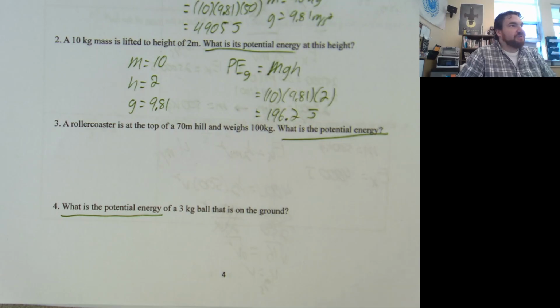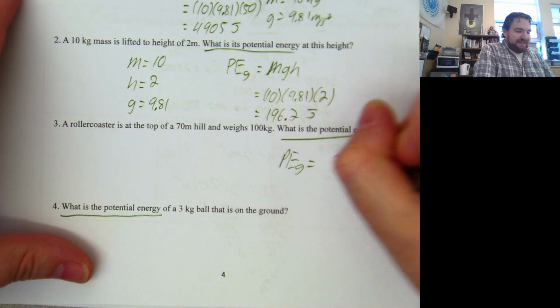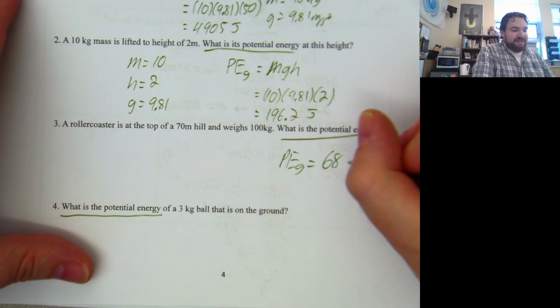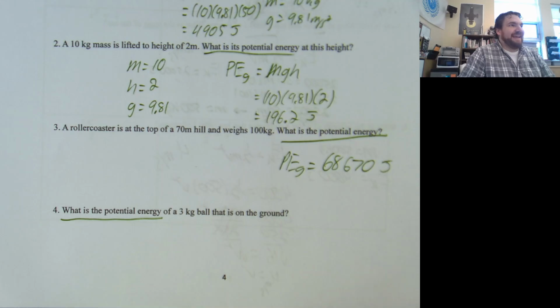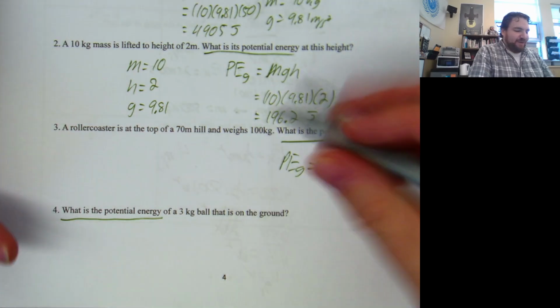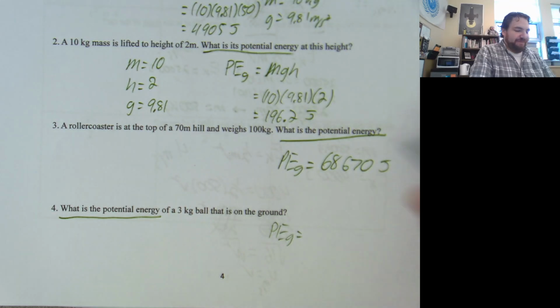Who's got a number for me? Yes, Brooke. 68,670. That's what I got. Excellent. And number 4, nice and easy. What is the potential energy of a ball on the ground? You betcha.